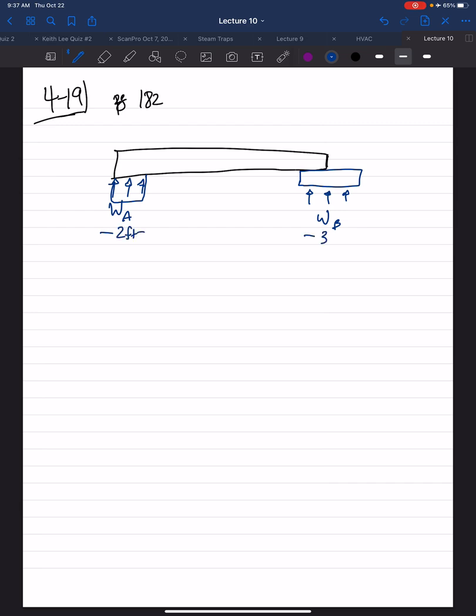This thickness is 3 feet. Well, I should say the width is 3 feet. It's 8 feet between them. We have the 8,000 pound force here and the 20,000 pound force here.